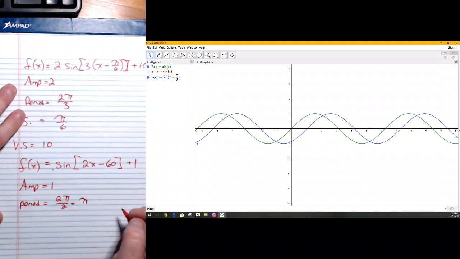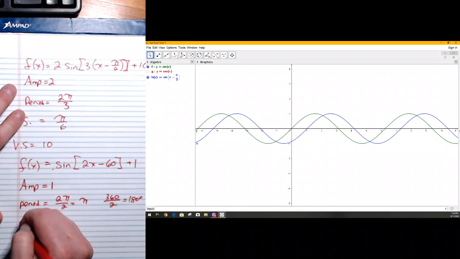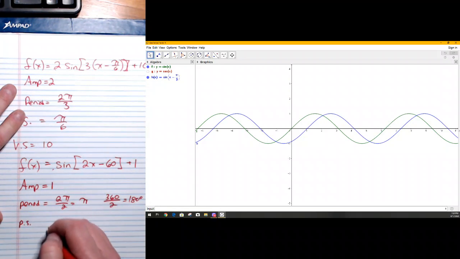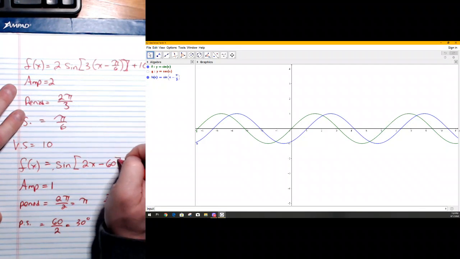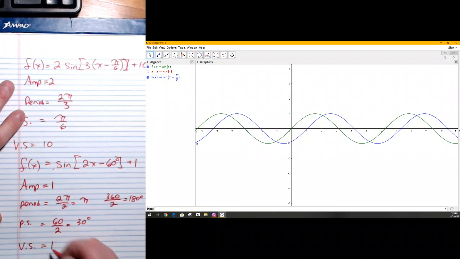Or if you were in degree mode, you would do 360 divided by 2. That would be 180 degrees. Phase shift is going to be a little bit more complicated. We're going to do 60 divided by 2. Remember, that's going to be a positive value. We're going to assume that we're in degree mode here. And then our vertical shift is going to be equal to 1.